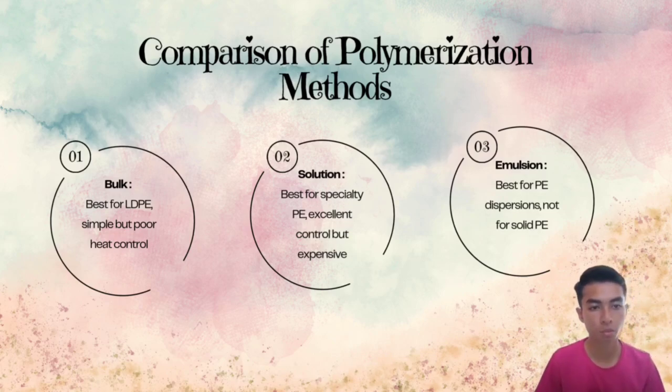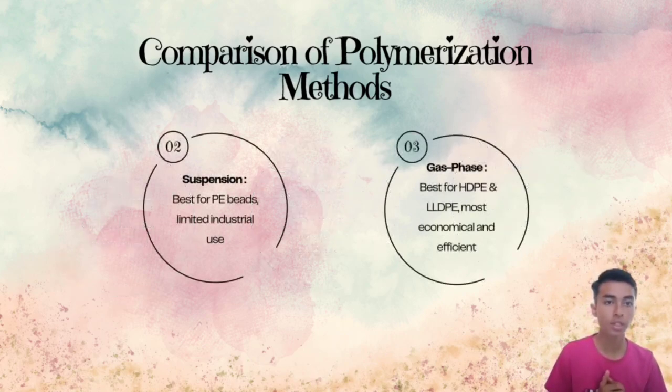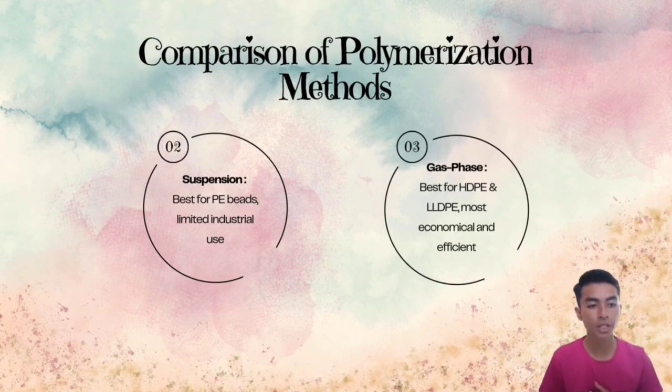Solution polymerization produces uniform polymers but is expensive. Emulsion polymerization offers excellent heat control but limited use for polyethylene. Suspension polymerization allows easy recovery but has limited application. So, gas phase polymerization is the most efficient and widely used method.